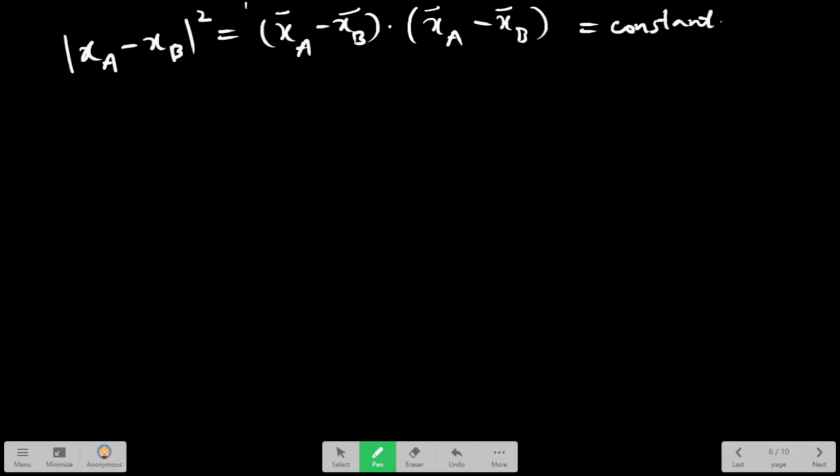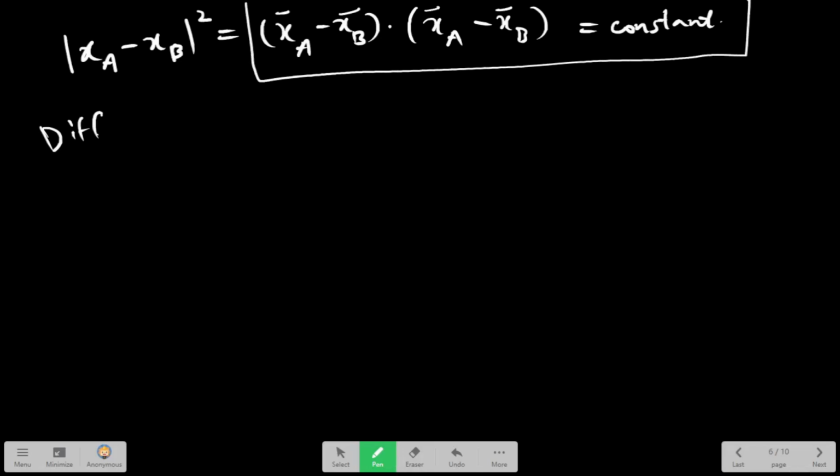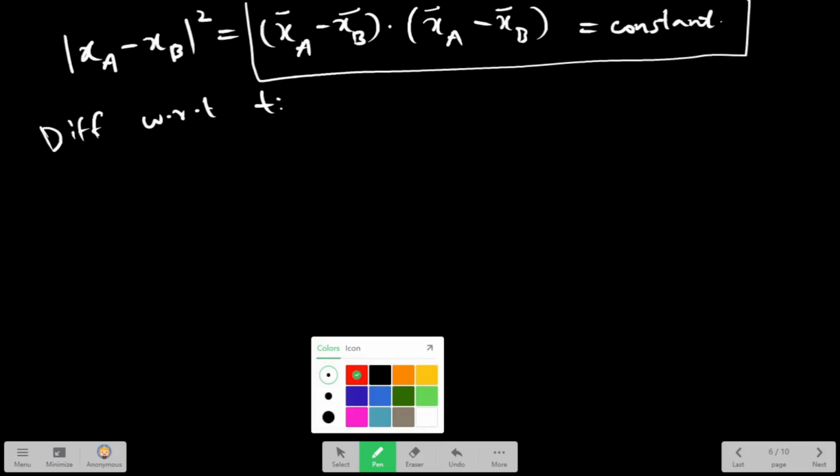Now let us take the derivative of this relation with respect to time. So differentiate with respect to time. Then you can apply the product rule in the LHS. First take the derivative of red, then multiply by blue, and then take the derivative of blue, and then multiply by red, add them.